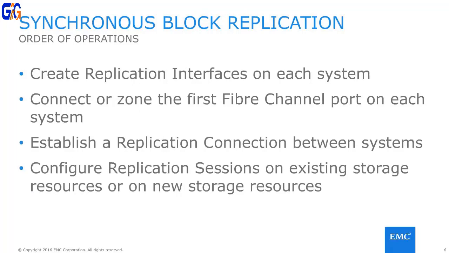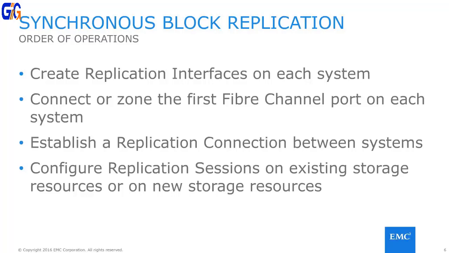The process for configuring a synchronous block replication session is as follows. Create replication interfaces on each of your systems. These interfaces will be used to pass replication management operations between the systems. For data transfer, connect or zone the first fiber channel port on each system to each other. The port itself will be based on the CNA and I/O module configuration on each system.